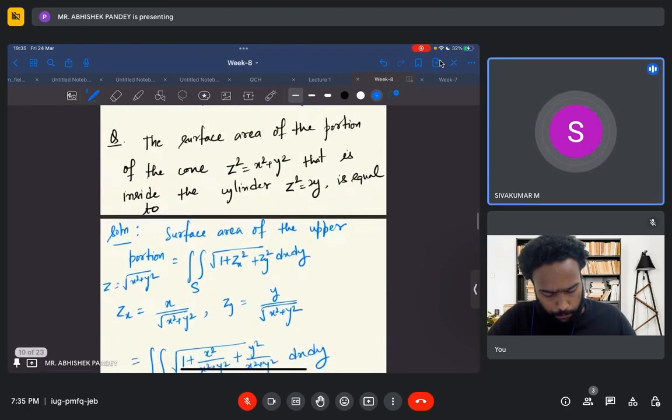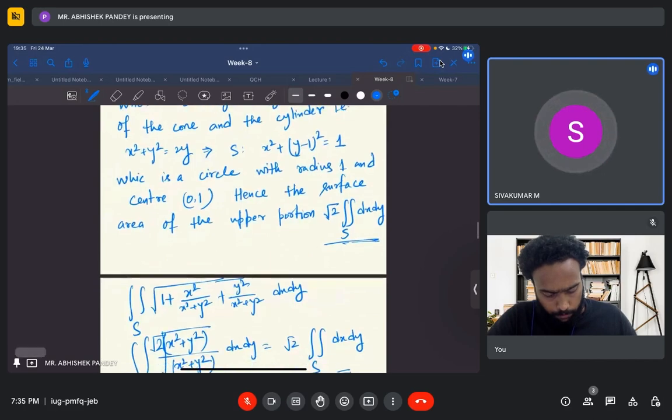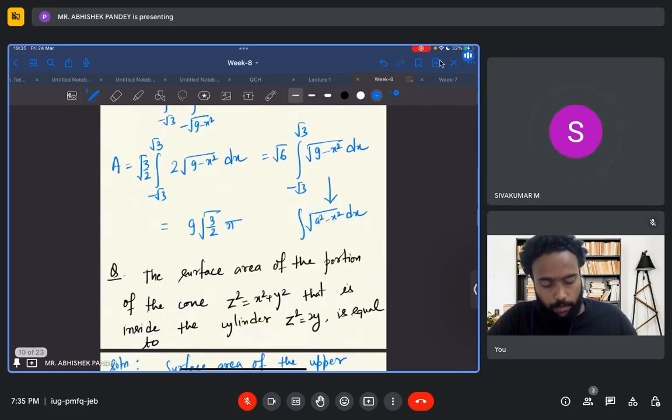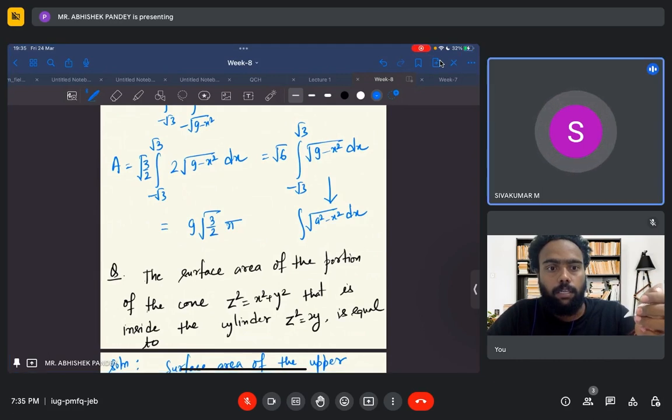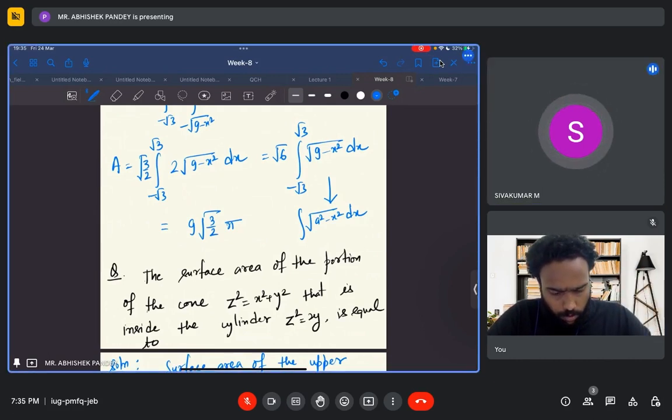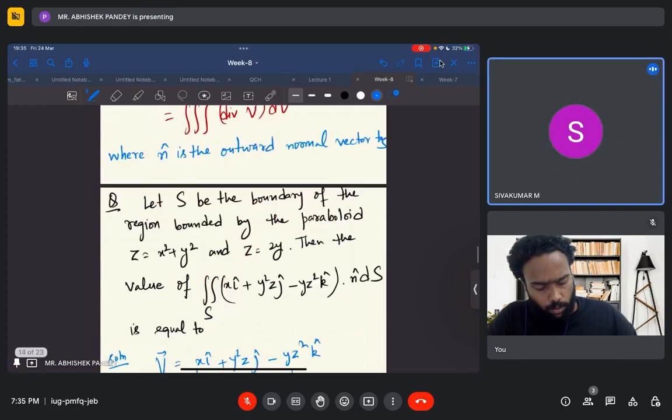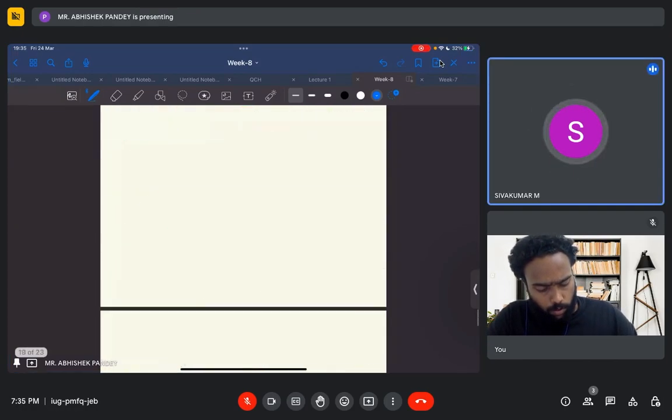Whatever the function is in the integral, if it includes some term like x square plus y square plus 2x, then if you convert this to polar form, it will be easier to integrate, isn't it? Yes, that's my question: how to convert if it's not a standard form, other than a circle or sphere?